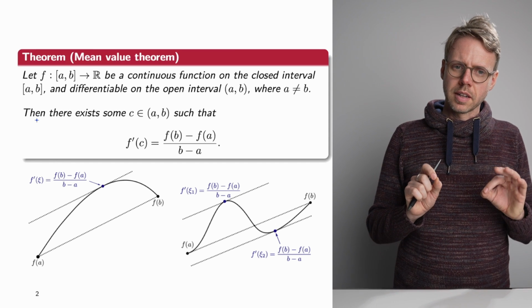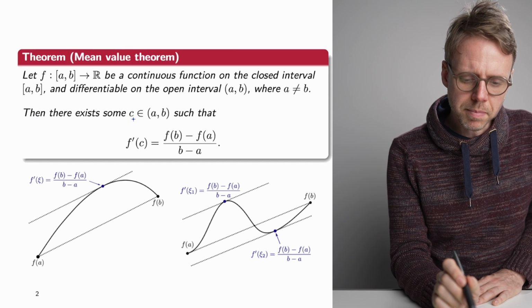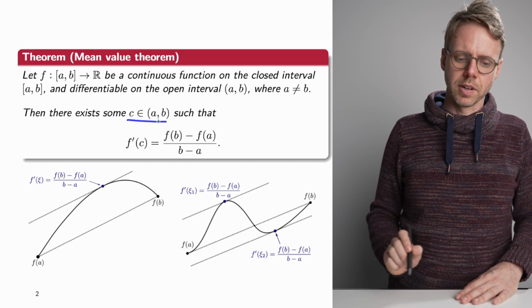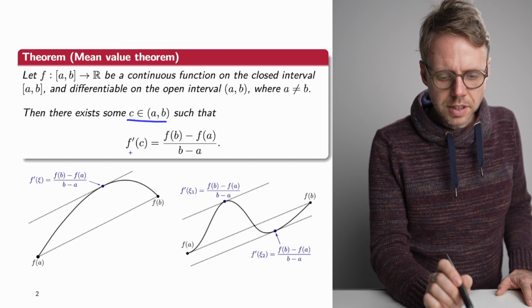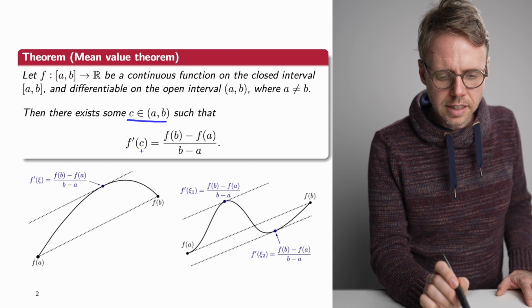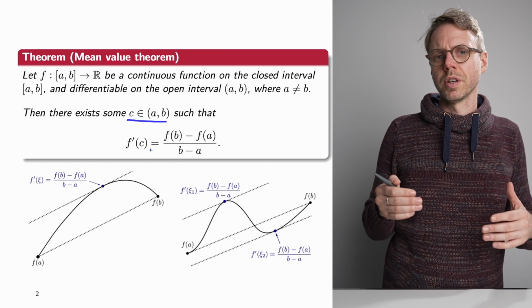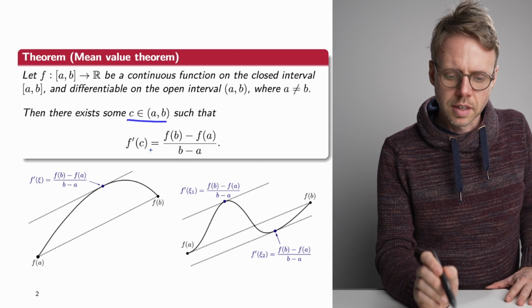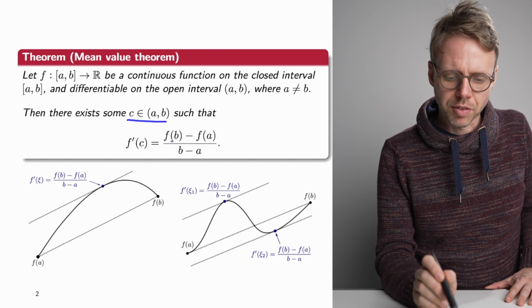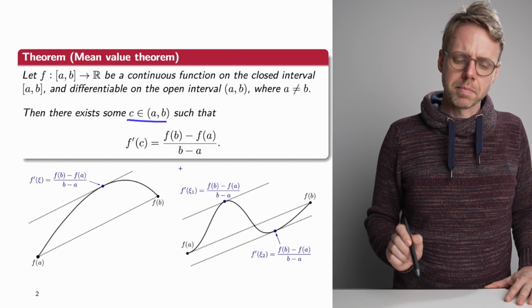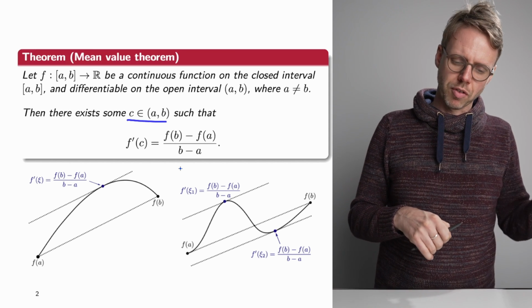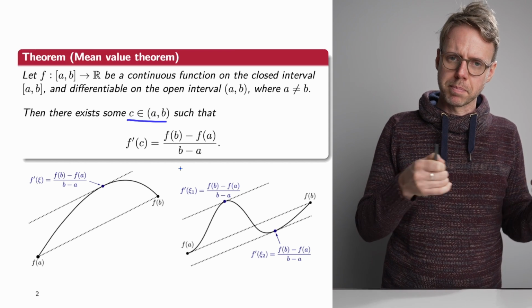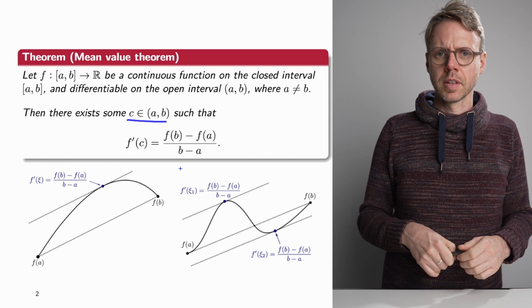Then there exists some point from within this interval such that the derivative of f at this point c is equal to f of b minus f of a divided by the difference between b and a. So f of b minus f of a divided by b minus a.